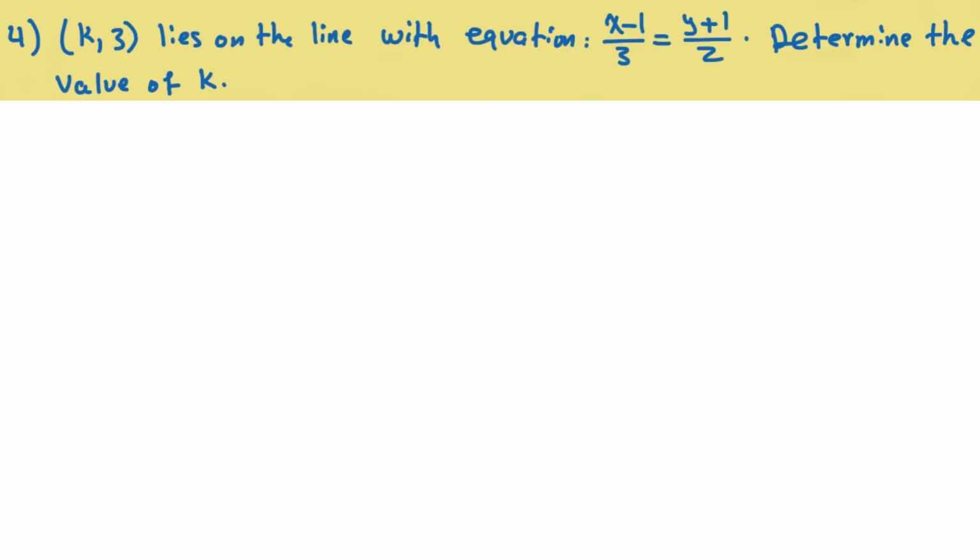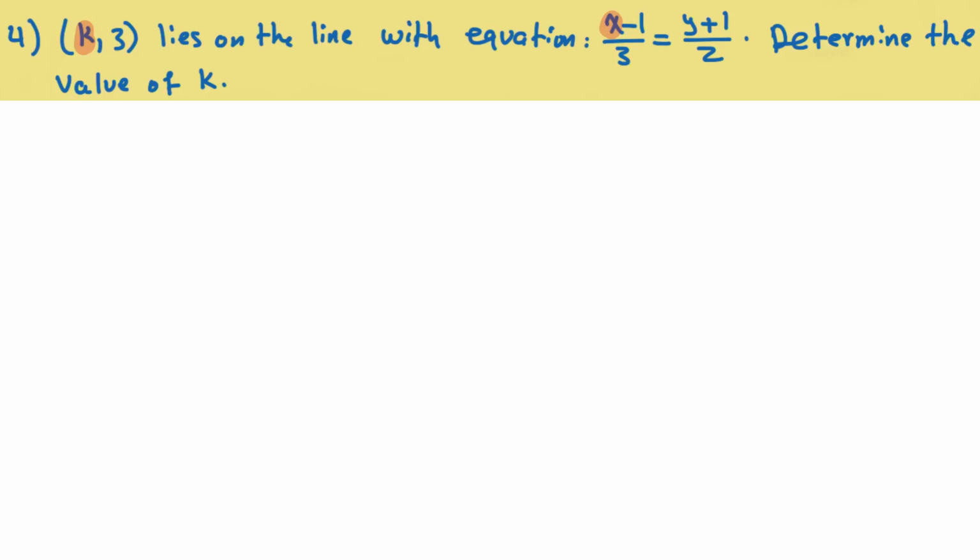For our last question on the video, we have that K, 3 lies on the line with equation x minus 1 over 3 is equal to y plus 1 over 2. We want to determine the value of k. Okay, so the x value of this point is k, so that goes here.